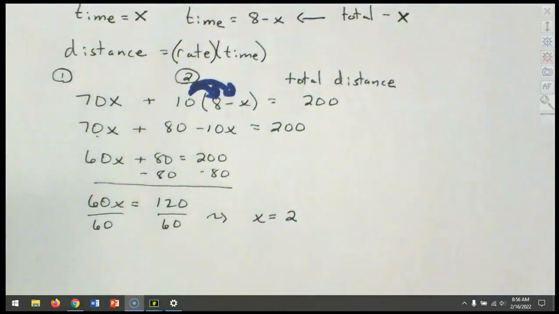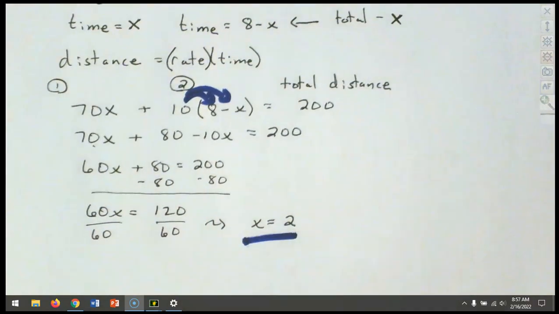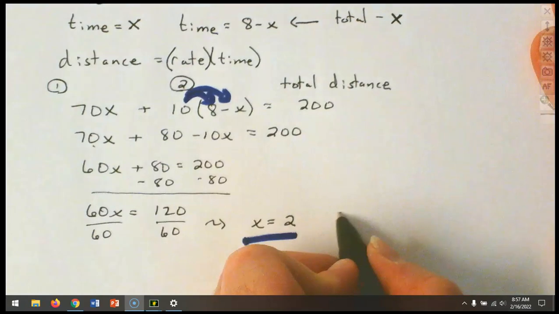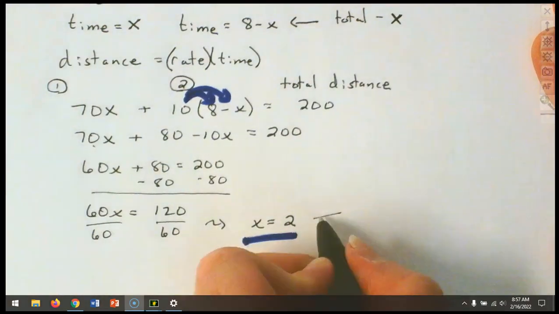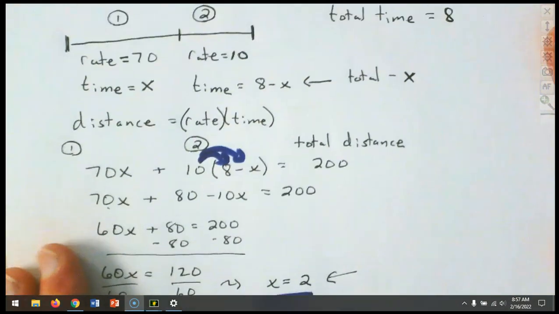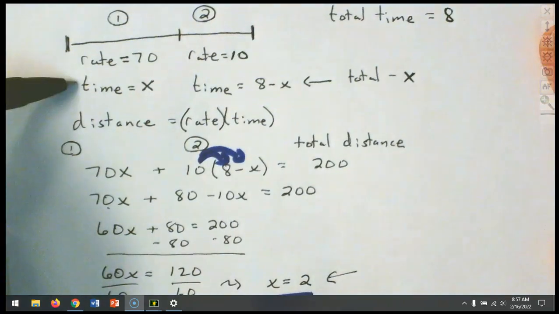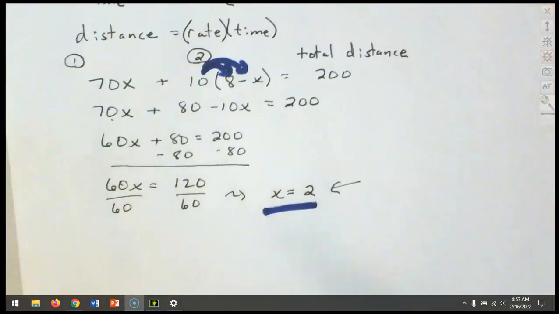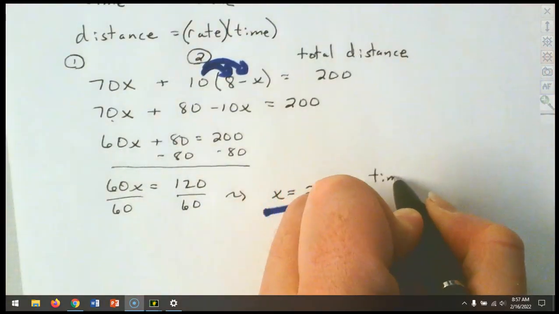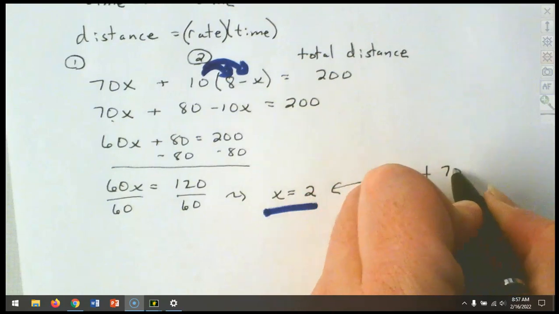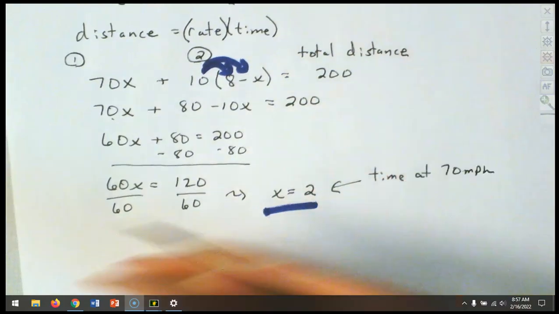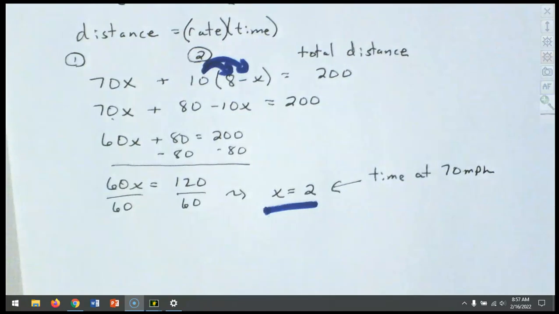Now, what does it actually want? And what does that x represent? Okay, this x equals 2. What is that? That is the time. That's not miles, right? What is it? Let's go back up and look at our picture. X represents the time at what? 70. So x is the time at 70. That is not what we want, though. Okay?